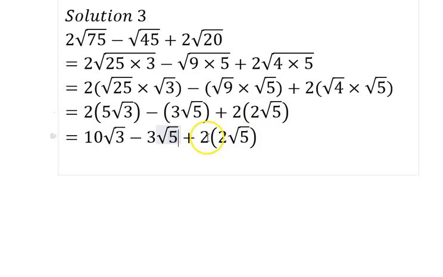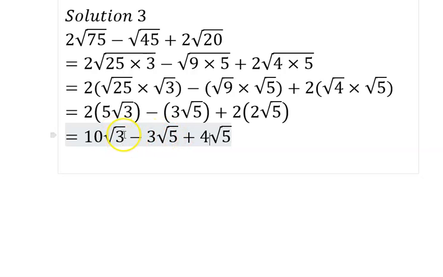So we have 4 root 5 here. Awesome. So you have 10 root 3 minus 3 root 5 plus 4 root 5. Awesome. So let's see what we can do.